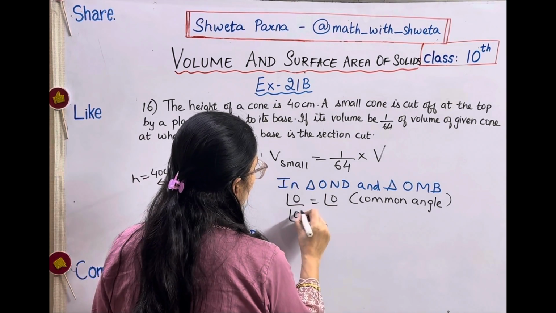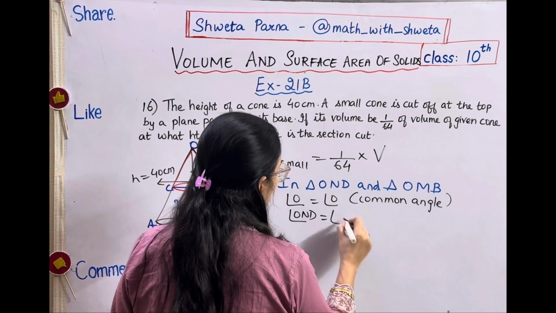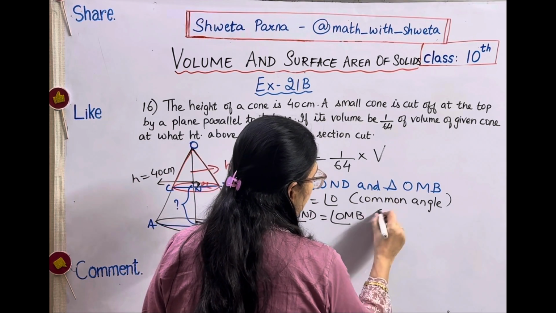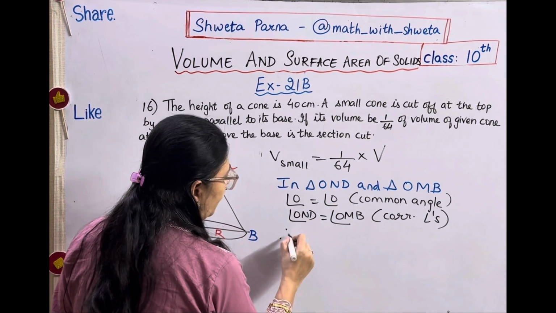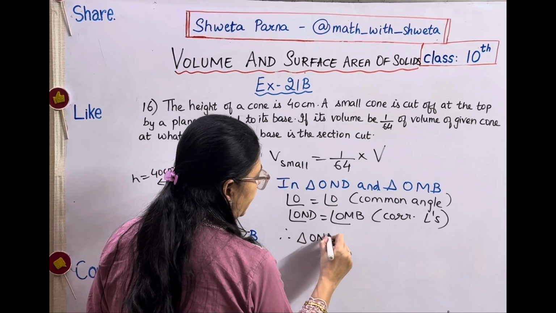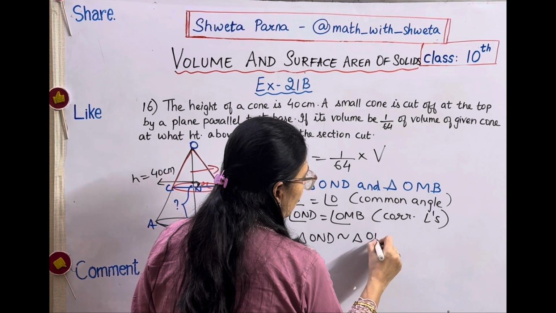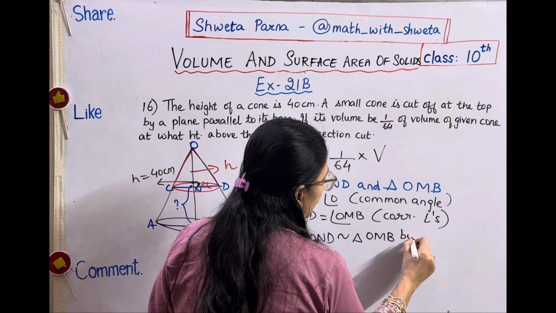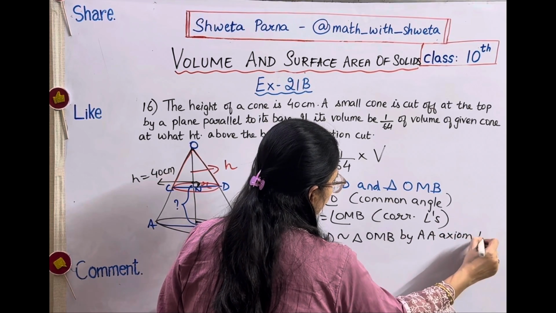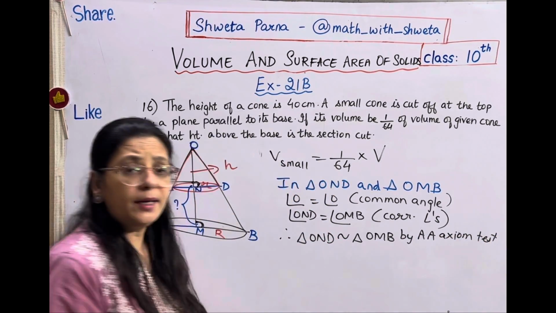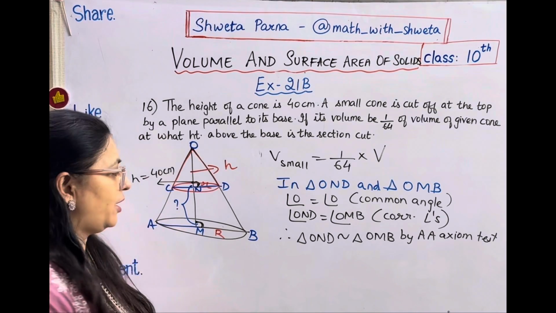So angle OND is equal to angle OMB, corresponding angles. Therefore triangle OND is similar to triangle OMB by the AA axiom test of similarity. I have already put the video of similarity, you can check that video.